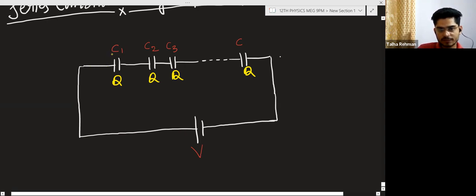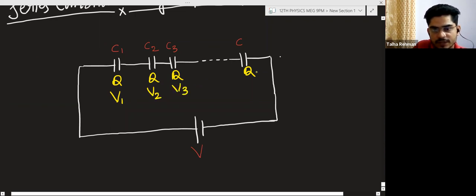But when you cross a capacitor, V will change. So I am taking the potential differences. V1 is the potential difference across C1, V2 is the potential difference across C2, V3, and this is Vn.